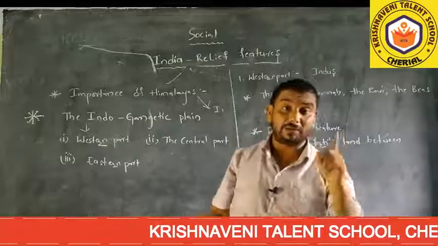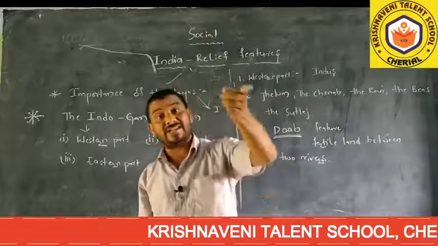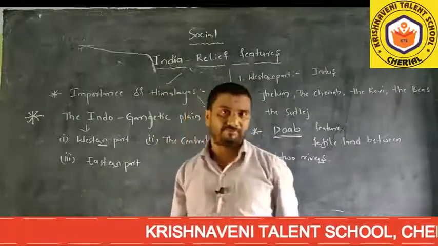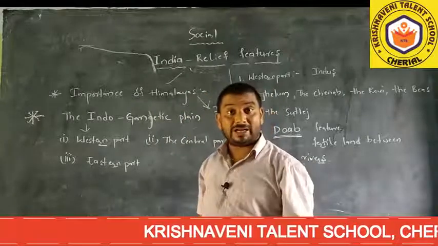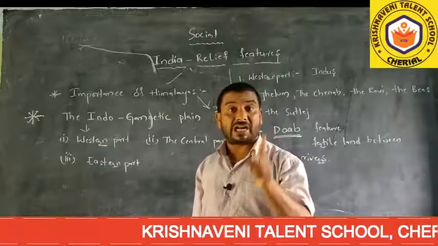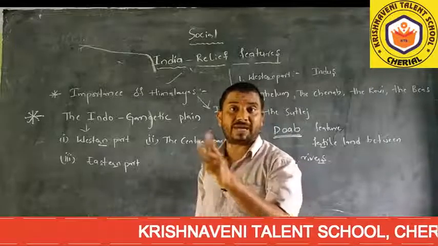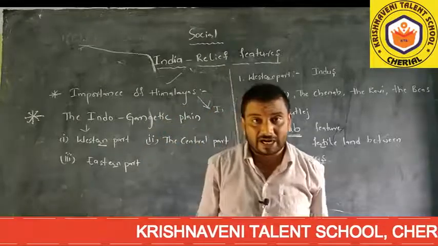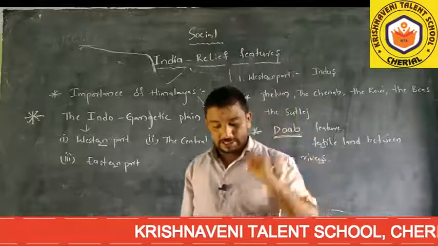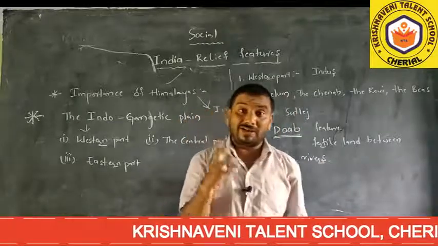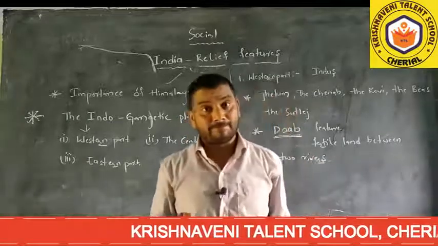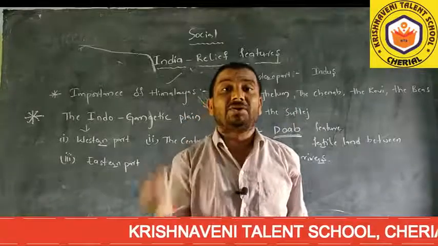The first point is that the Himalayan mountains influence the Indian climate in various ways. The second point is that the Himalayan mountains act as a natural barrier, protecting from the cool winds coming from Central Asia. The third point: the Himalayan mountains are the source of many perennial rivers.